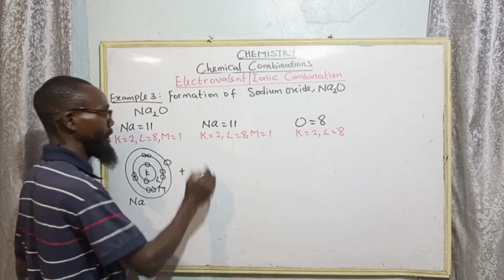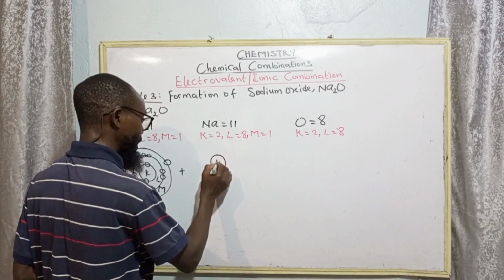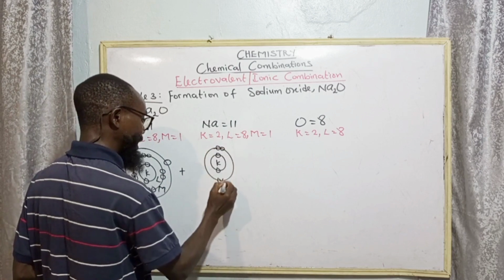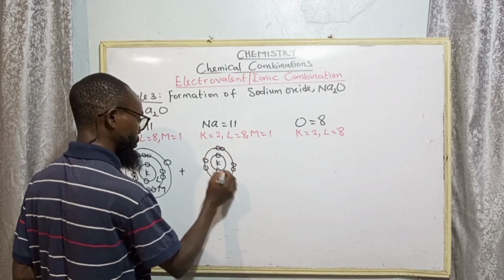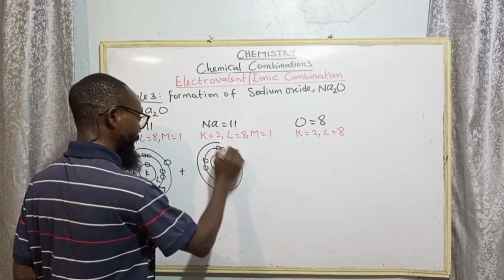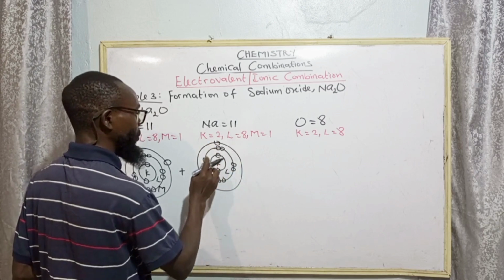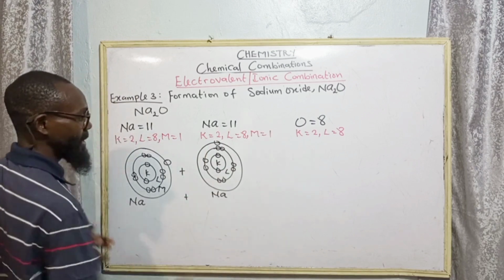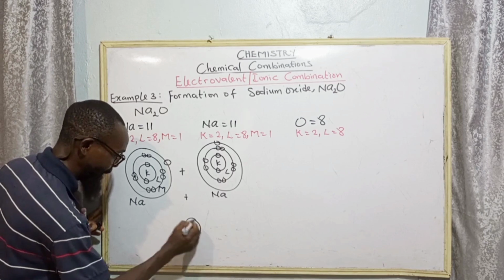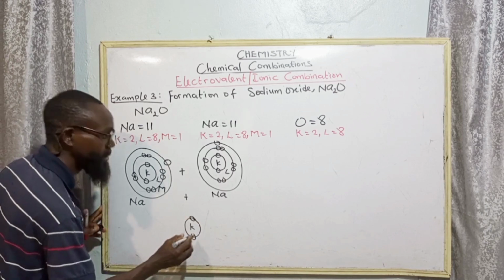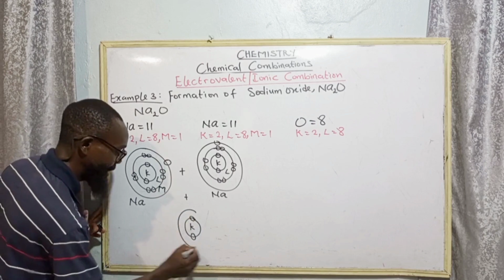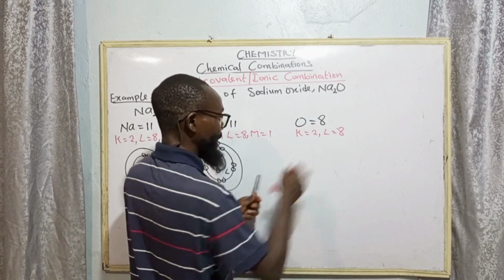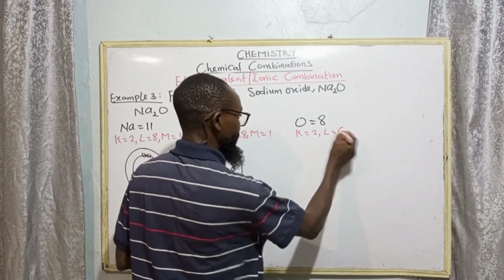Combining with another sodium atom, K shell, L shell having 8 electrons, then my M shell having 1 electron. Then combining with oxygen having a K shell of 2 electrons and the L shell of 6 electrons. 6, because total is 8, this is going to be 6 electrons.